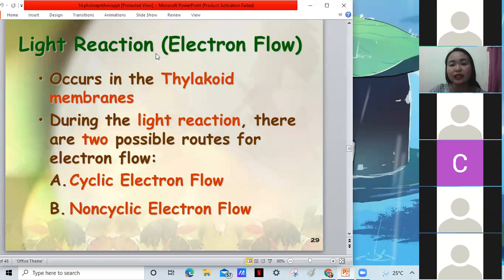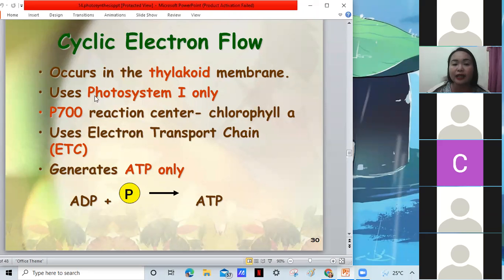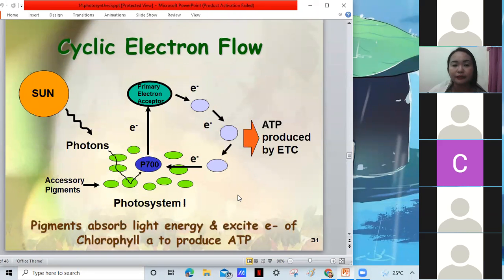So in the light reaction again, electron flow occurs in the thylakoid membranes, and this is done during the light reaction where two possible routes are called cyclic electron flow and non-cyclic electron flow. So what is cyclic electron flow? This again occurs in the thylakoid and uses photosystem 1 only, with the P700 reaction center with chlorophyll A, and uses the electron transport chain, which generates ATP from ADP and phosphate.